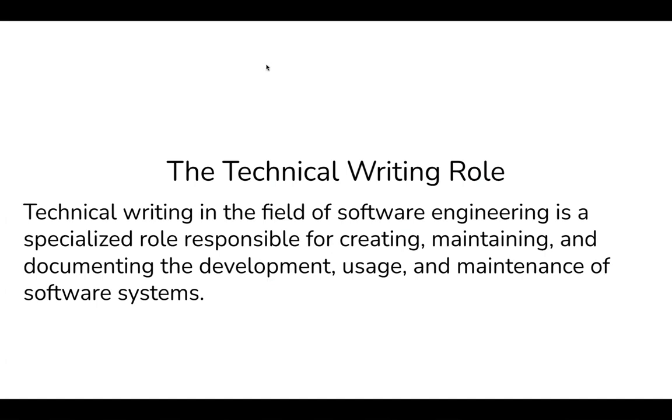So today we'll be talking about the technical writing role and what it is, what a technical writer does. And for the sake of those that were not with us on Monday, I'll just be doing a quick recap on what we talked about on Monday. So the technical writing role, especially in software engineering, is a specialized role for guys that are responsible for creating, maintaining, and documenting the development, usage, and maintenance of software systems.